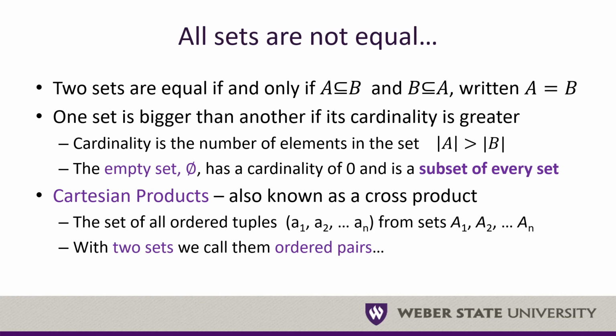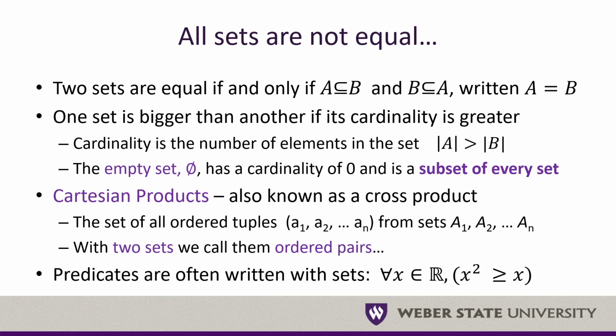And then the Cartesian product was the last thing we talked about. Databases are not quite the last thing, but close. Databases are based on this idea, where I've got different sets and I draw elements from them. A relational database is essentially a Cartesian product of multiple sets. With two sets we call them ordered pairs.